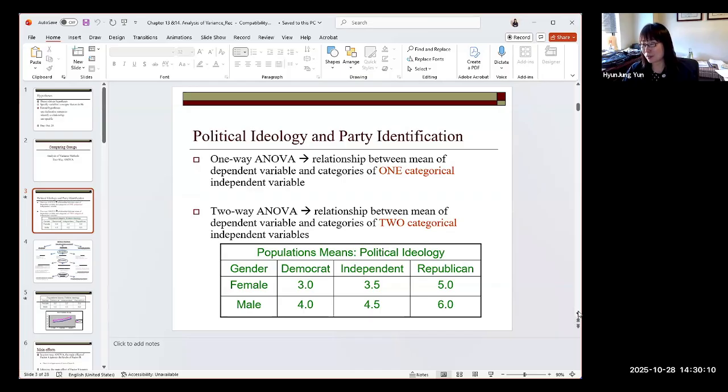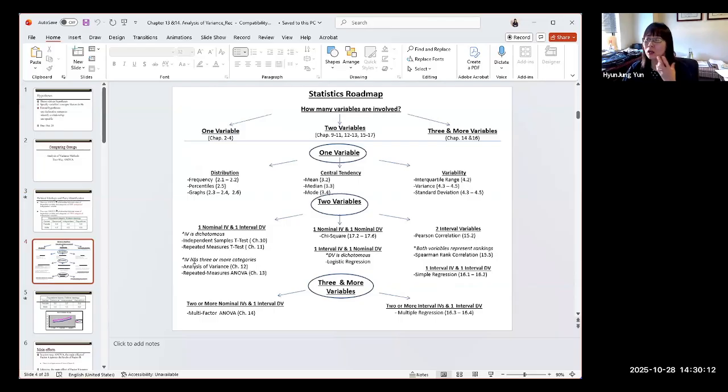So that's multi-factor ANOVA. Last few weeks, we were in these sections of the statistical roadmap. We were dealing with two variables, one independent variable and one dependent variable. The independent variable is about the group, and the dependent variable is about their tendency, mostly a numeric variable. When we have only two groups or two conditions to compare, it is the t-test family.